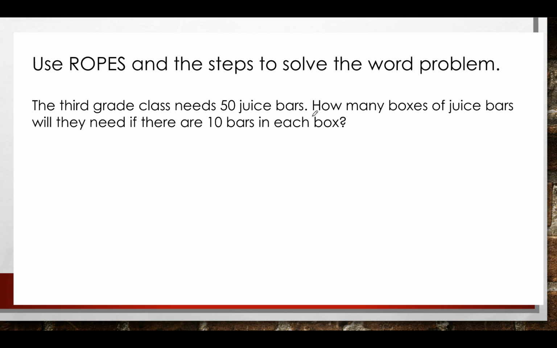And the question is, how many boxes of juice bars will they need if there are 10 bars in each box? So we need to restate that. So you would say they will need blank boxes of juice bars.